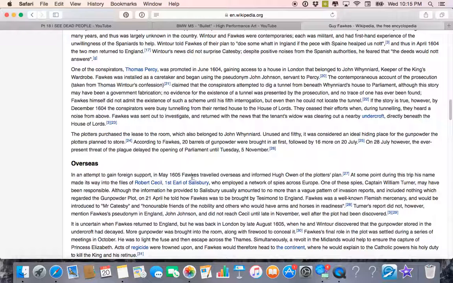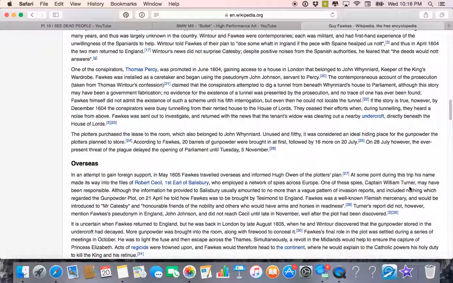So at some point in May, he runs into Captain William Turner, and I only bring that up because this is apparently one of the spies they think led to his demise. And I think William Turner is interesting because that's the same name of the character played by Orlando Bloom in the Pirates of the Caribbean movies, and he's super charming. He's the hero of the whole story, okay?